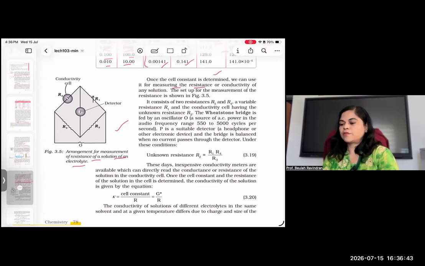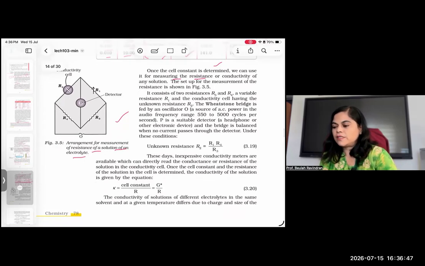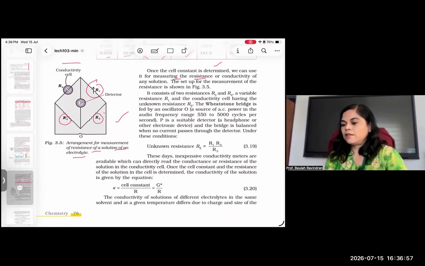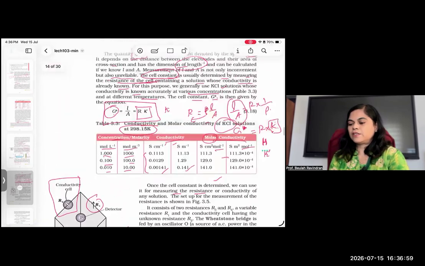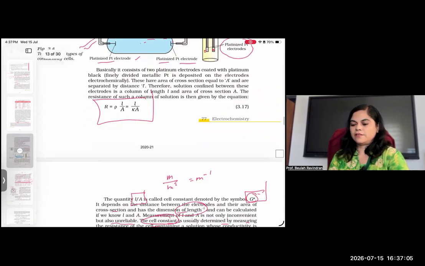The setup for the measurement of the resistance is shown in this particular figure. It consists of two resistances R3 and R4, a variable resistance R1, where we can vary the resistance, and the conductivity cell. This conductivity cell is specially designed, and the connecting wire is connected here.